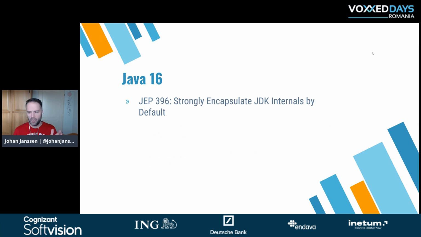One of the things we're seeing in the latest versions of Java is the encapsulation of the JDK internals. So the JDK methods that are basically not meant for us normal developers, but more for developers of the JDK itself. In the past, they couldn't hide away those internals. Later, when Java 9 came, they could, of course, use the module system to shield those internals away.